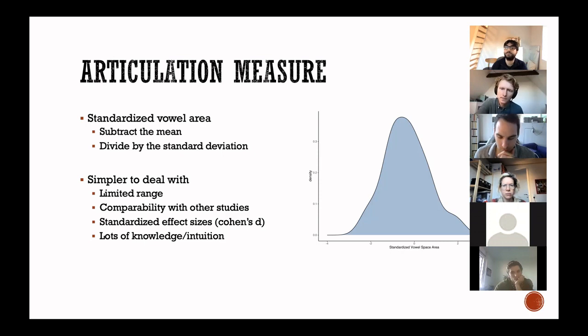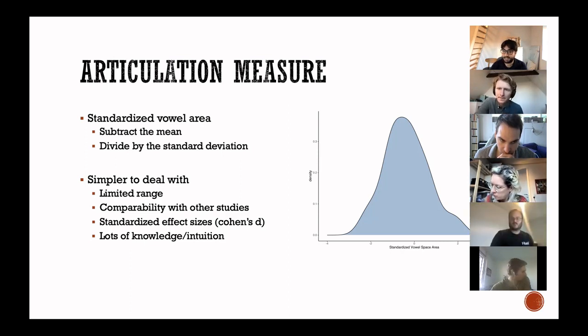The difference between the two registers is going to be on the same scale as Cohen's d, which again grants us a lot of basic knowledge that as scientists we have in terms of effect sizes, which makes it easier to apply to our model the kind of knowledge and intuition that we have about effect sizes in our domain. So this is the scale we're going to work at.